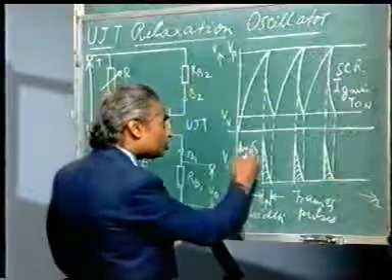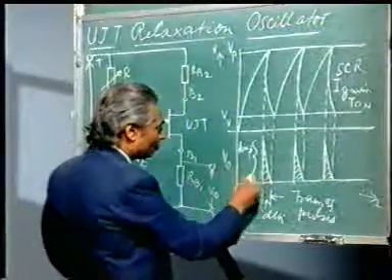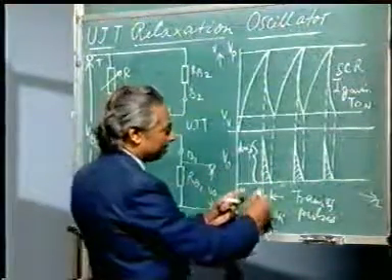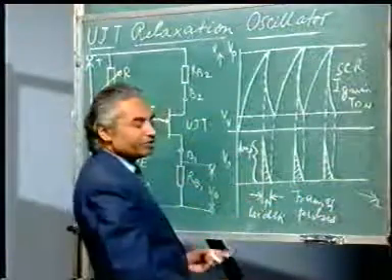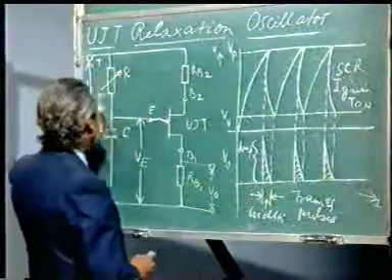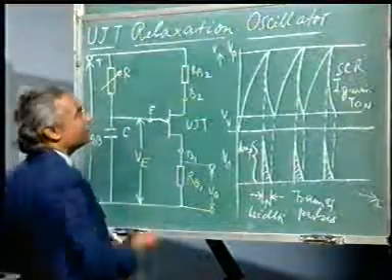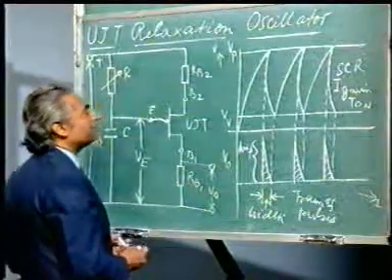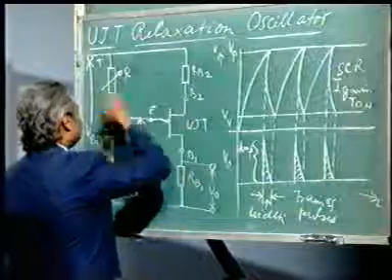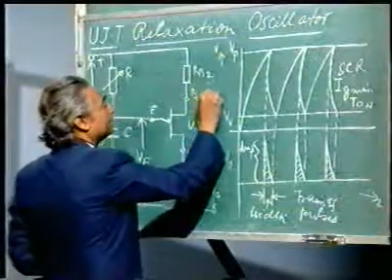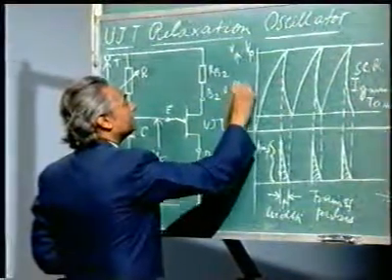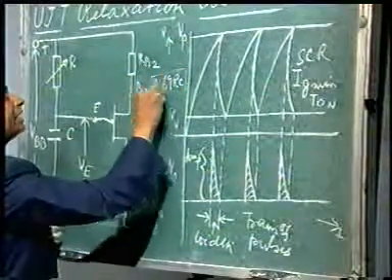Now we can also control the pulses. We can improve its amplitude or width, increase it, or reduce it also with the help of this RC circuit. If you change the value of RC, you know that there is a time which is known as the RC time constant. It is given by 0.69 RC.